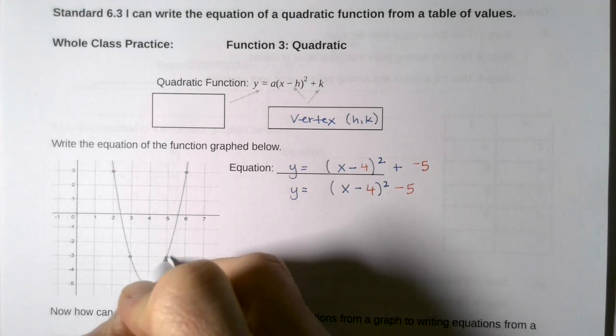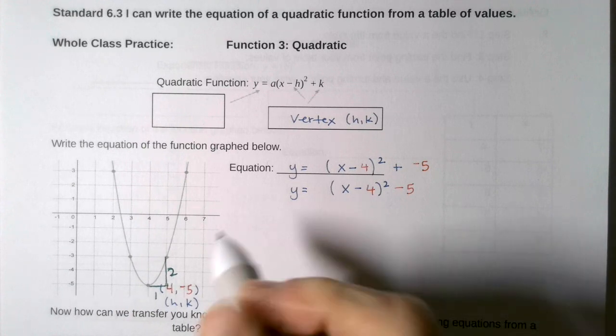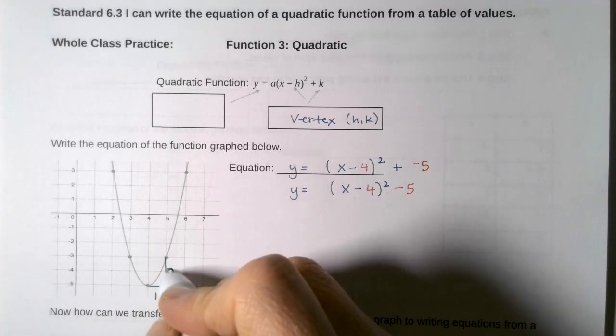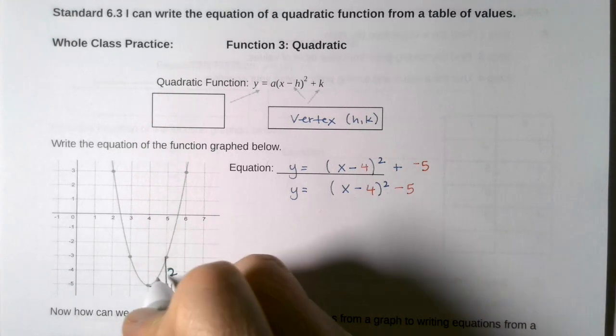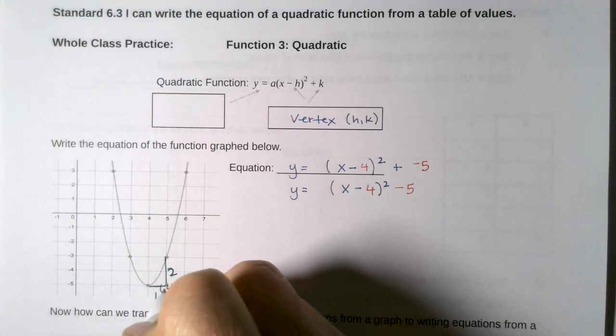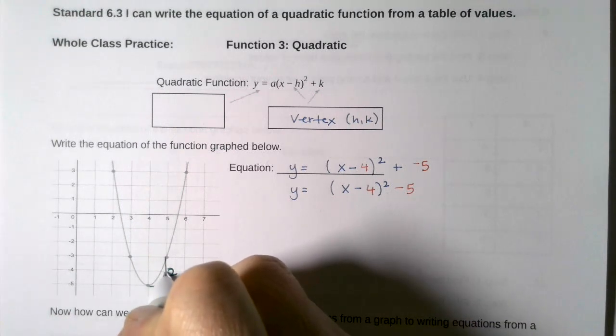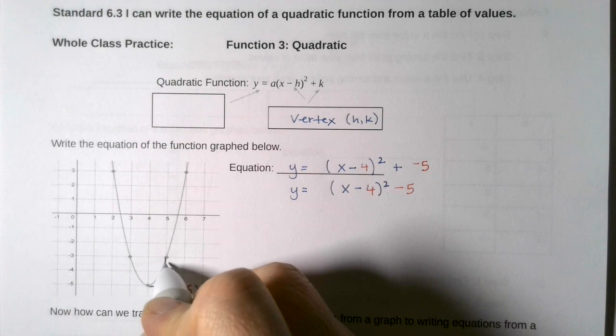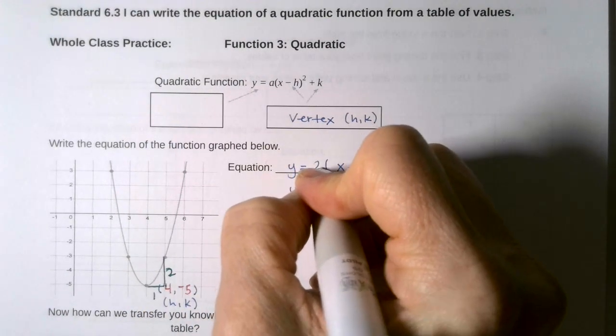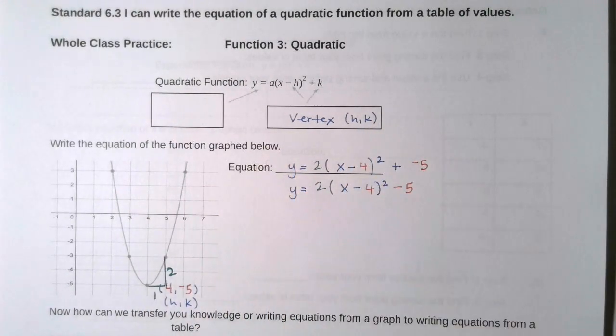This first difference, this first change right here, represents our a value. Normally we would go to the right 1, up 1, and that would be where our curve is. Because we went up 2, our a value is 2. And we'll talk more about that when we're looking at the table. How we could calculate this is it is our second difference divided by 2.